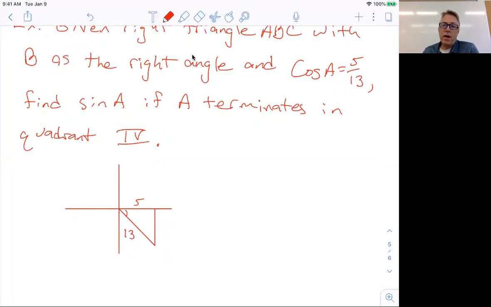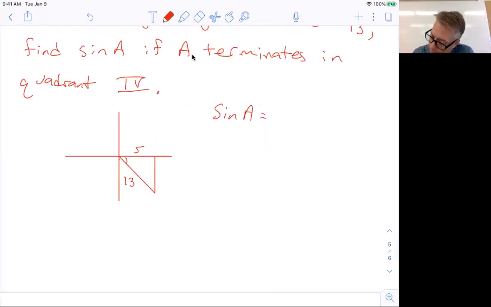And we want to find the sine. So to find the sine of A, I know that that's the opposite over the hypotenuse. So the opposite of that angle is here. So I need to find this side. So I could do Pythagorean theorem. Call that x.